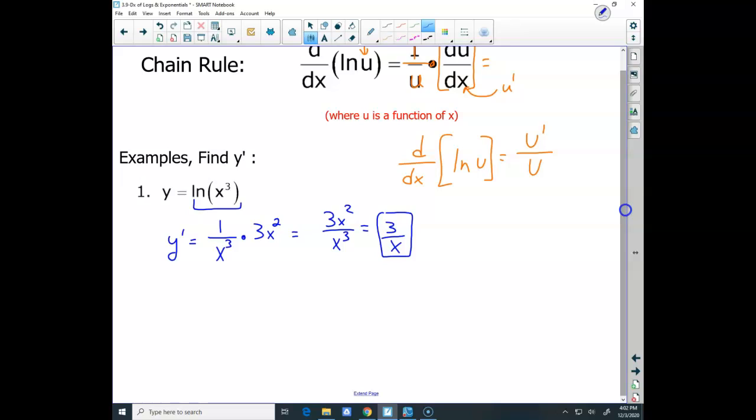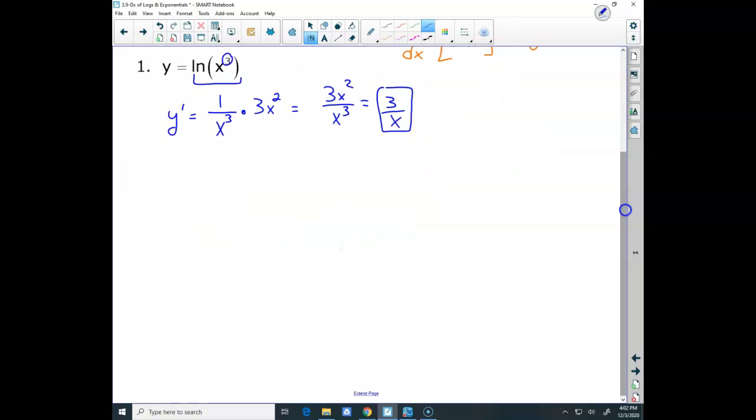How did you get that? Well, if it's just a simple argument up here, I can redefine my function a bit. I can say y equals 3 times ln x if I want, and then I can just use the constant multiple rule and say my derivative equals 3 times 1 over x, which is 3 over x, okay?